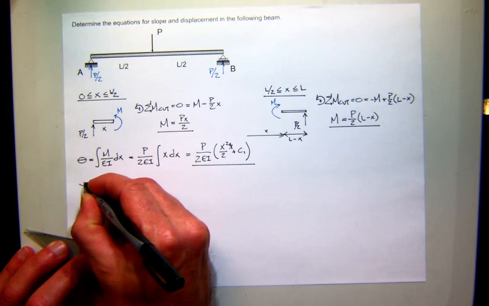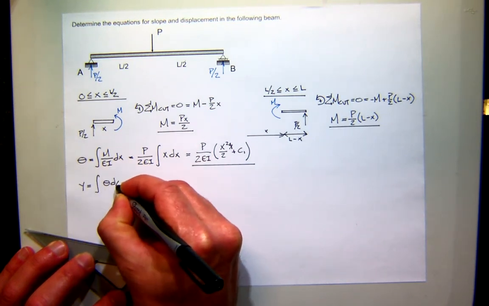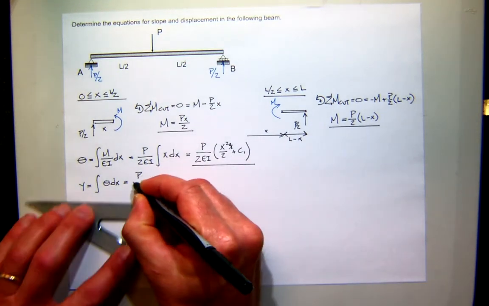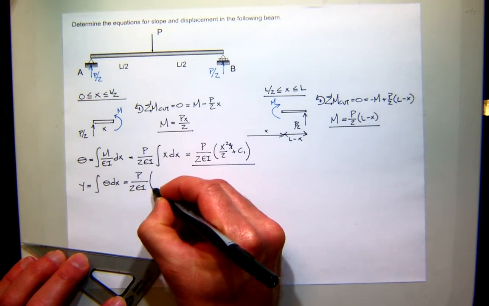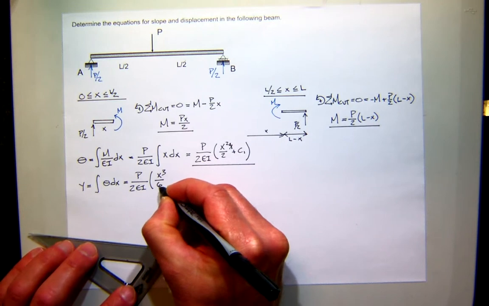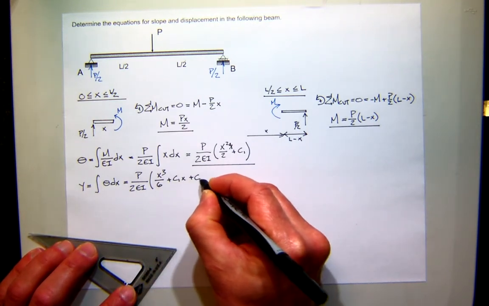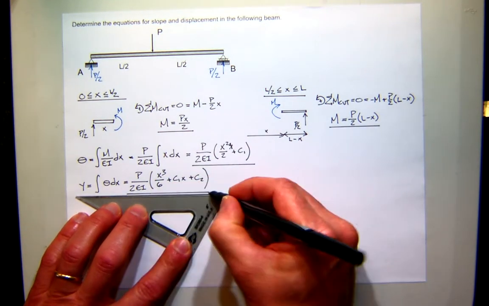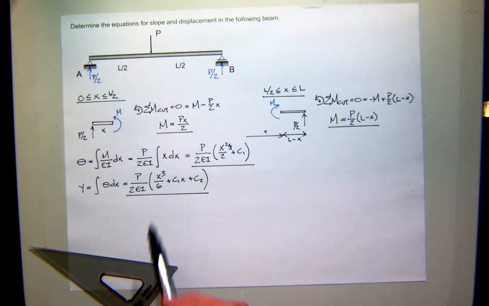What I can do next, though, is integrate the slope and get the displacement equation. So again, I have P over 2EI, and then now I'll have x cubed over 6 plus C1 x plus C2. Now, I said slope, but this is an equation for displacement.